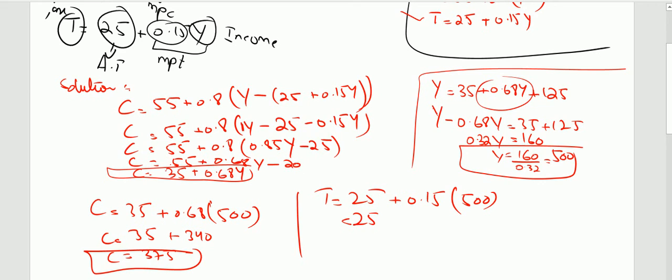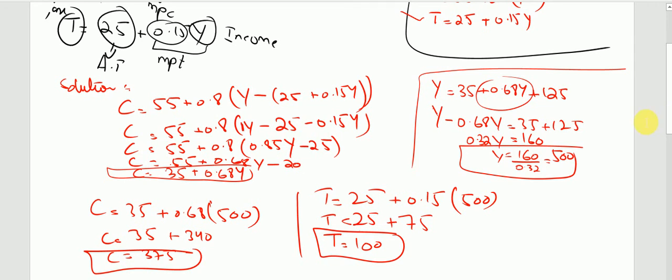So 25 plus 0.15 into 500, which gives us 75, and when we club 25 plus 75, it becomes 100. So basically we have now obtained all the values. The income is equal to 500, C equals 375, and the taxation equals 100.